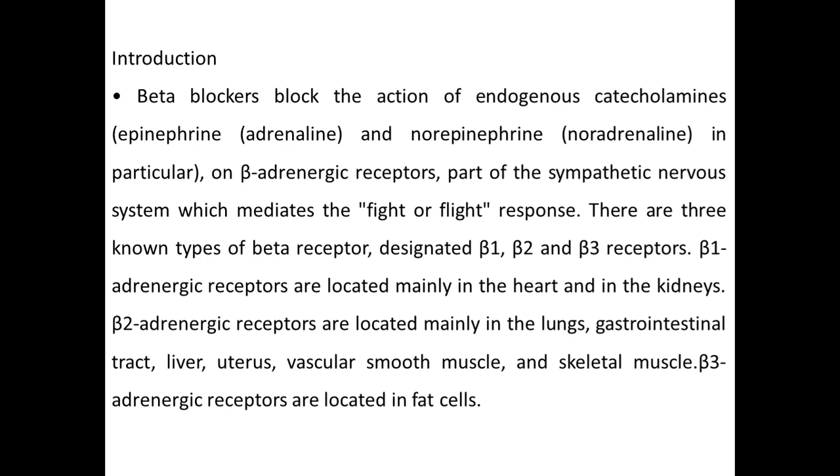These catecholamines, adrenaline, noradrenaline, epinephrine, and dopamine, bind to these receptors and mediate different types of action. The beta 1 adrenoreceptor is mainly located in the heart and kidney; beta 2 adrenoreceptor is located mainly in lungs, gastrointestinal tract, liver, uterus, vascular smooth muscle and skeletal muscle; beta 3 adrenergic receptor is mainly located in the fat cell.